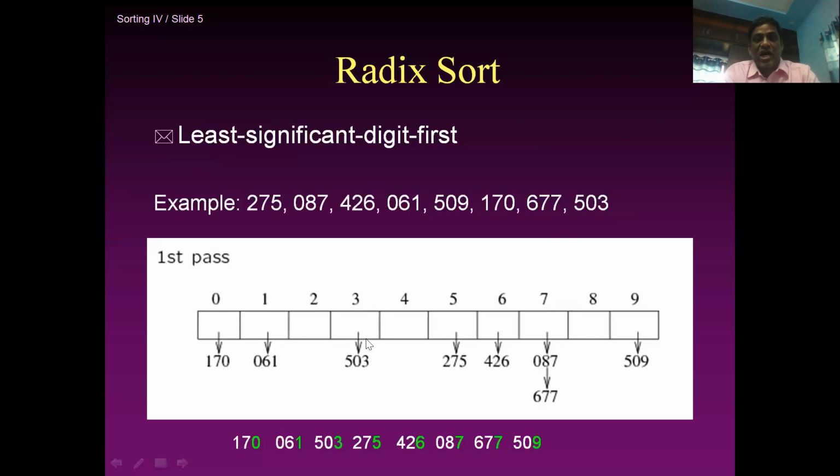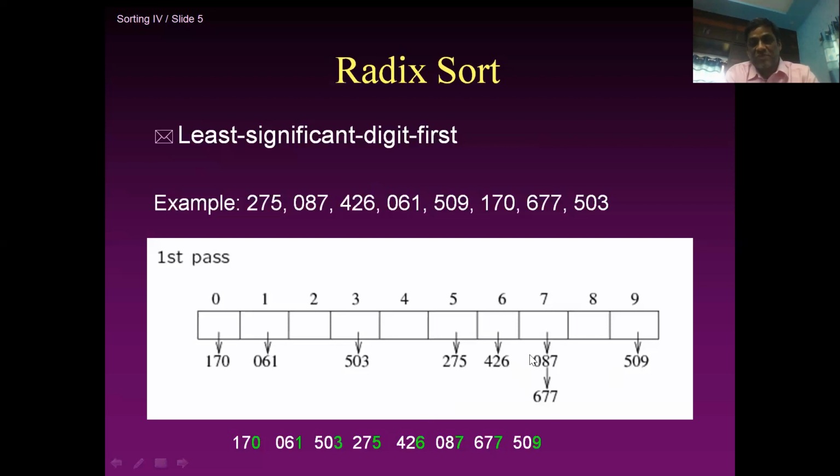And then after performing this operation, take out all these numbers starting from bin 0 moving towards bin 9 in the same order. Okay, so 170, 061, 503, 275, 426, 087, 677.